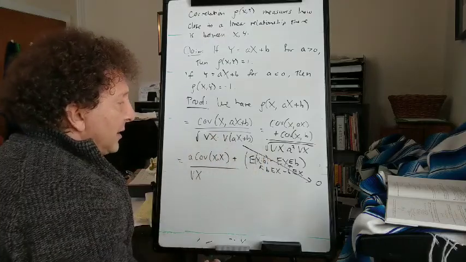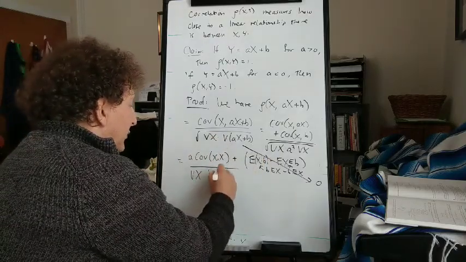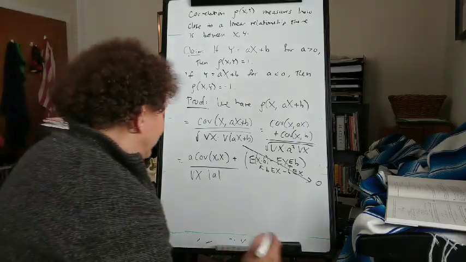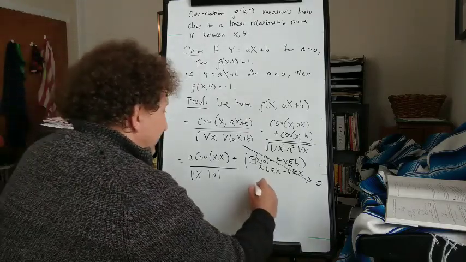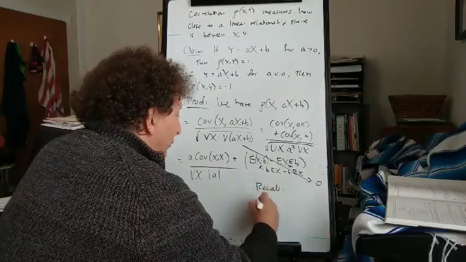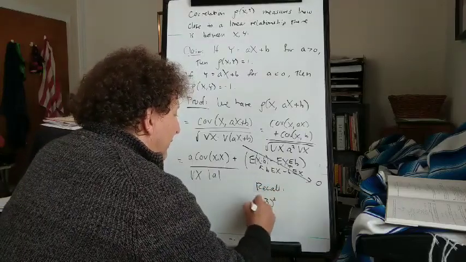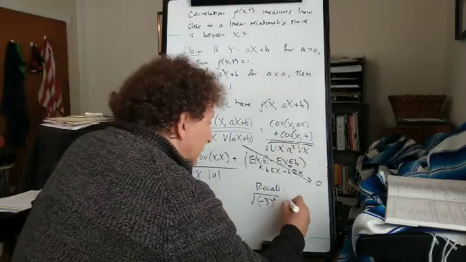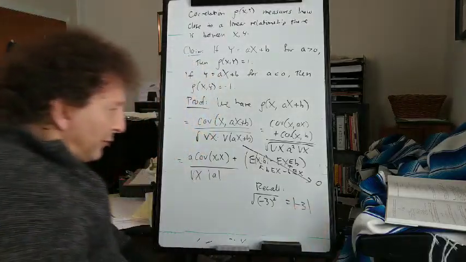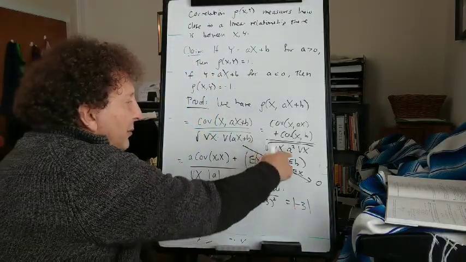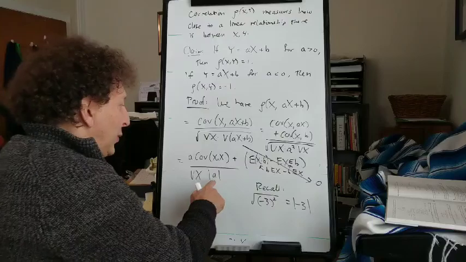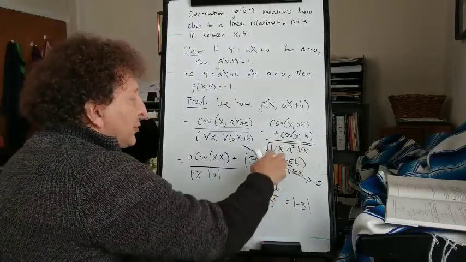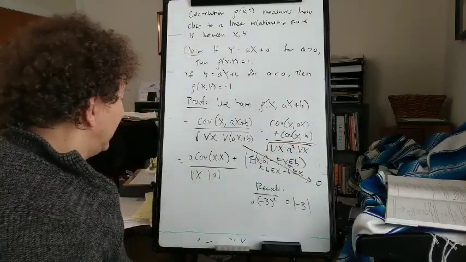The square root of a squared is the absolute value of a. Why am I not just writing a? Well, if we have negative 3 squared and take the square root of that, it's not negative 3, it's 3. It's the absolute value of negative 3. So when we take the square root of something and we don't know if it's positive or negative, we have to put absolute values here. Variance is always a positive number, so the square root of variance squared is just variance.